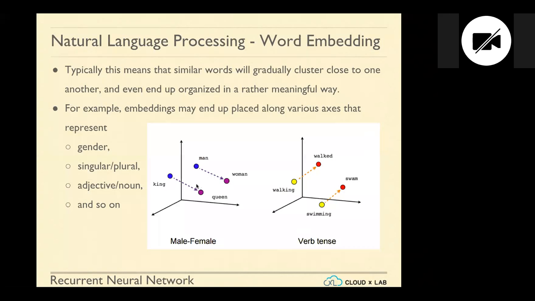What is the cosine distance? Anybody? What is the cosine distance? No idea? Okay. Euclidean distance and cosine distance are two different ones. Okay. All right.